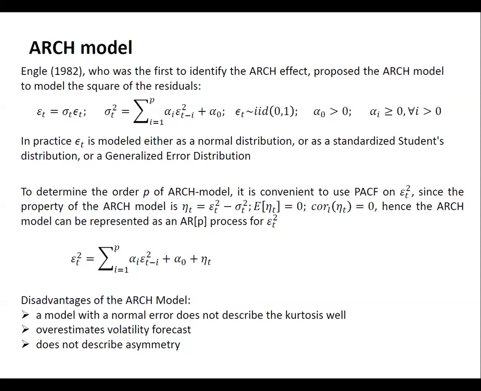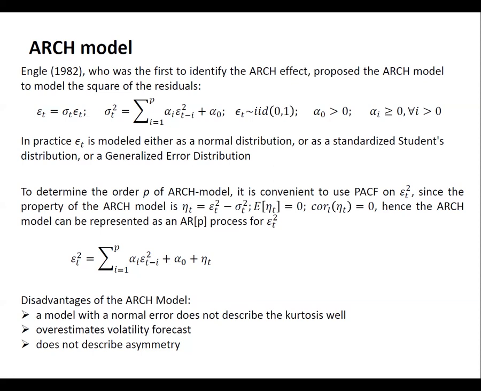However, to describe the standardized residuals, one can use the standardized Student's distribution or a more generalized distribution, called the generalized error distribution. It includes many individual distributions as special cases. We'll consider these options using examples. We will work either with the normal distribution for epsilon or with Student's distribution to describe these residuals.